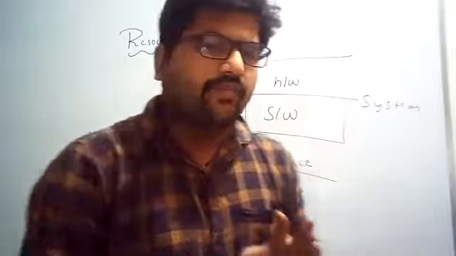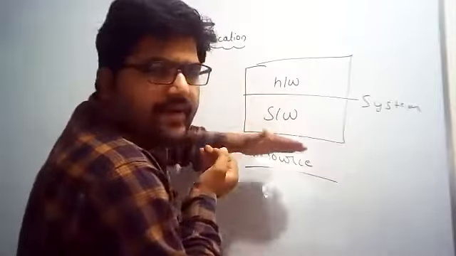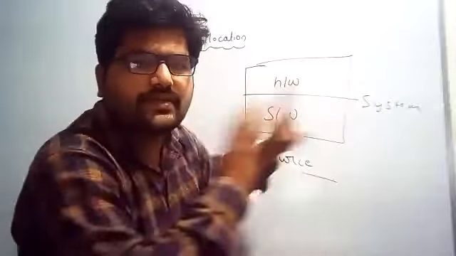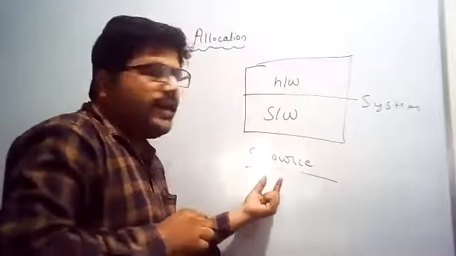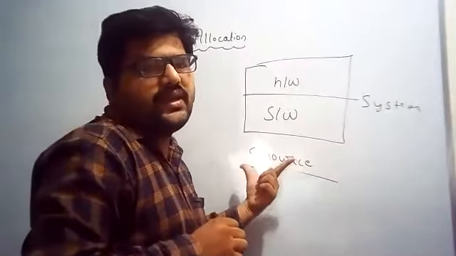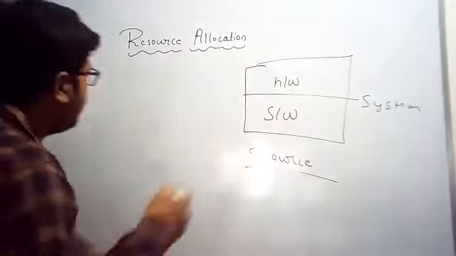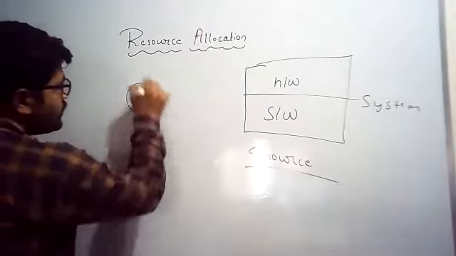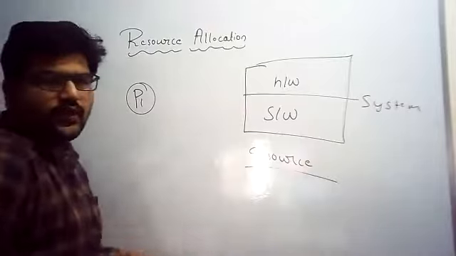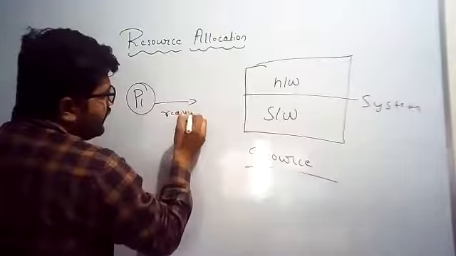Such kind of resources are divided into two categories. One is hardware, one is software, which is present in the system. So these are called resources. When a process comes into execution, it requires a memory.